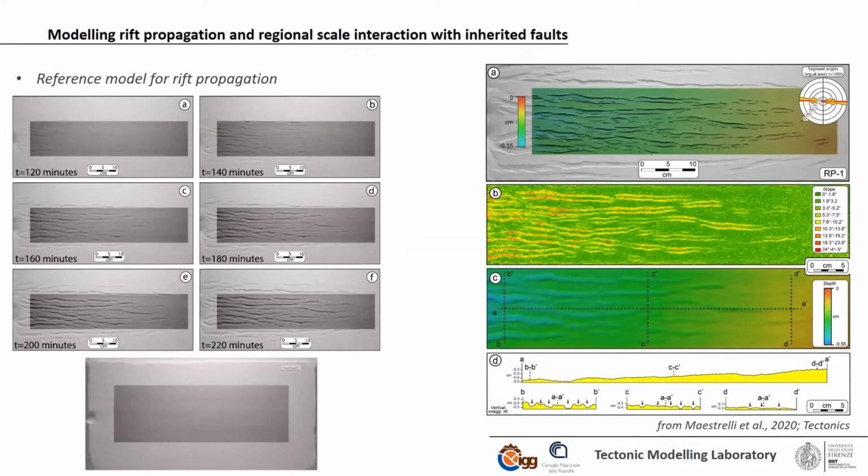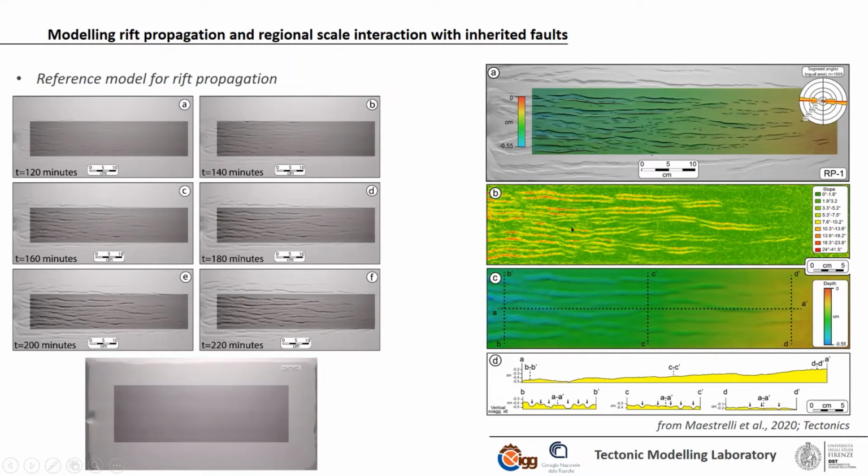The reference model is a simple model with no inherited structures introduced in the setup. I can also start a short video here. You can see how the moving plates induce the extension and the propagation of the extension toward the right side of this figure, which corresponds to the place where we have the pivots for plate rotation.